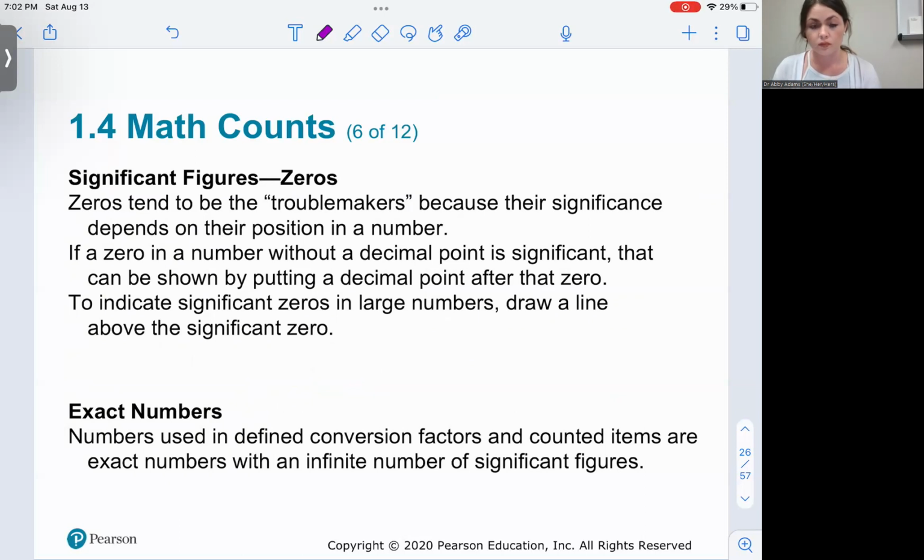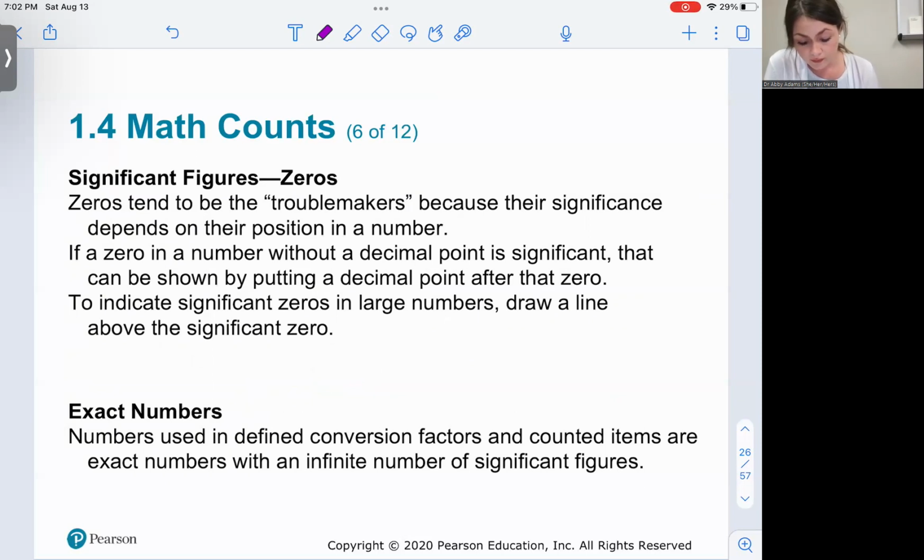So you want to be careful with this, and we're always going to report answers in this class with the correct significant figures. Therefore, you really need to have this foundation pretty strong.